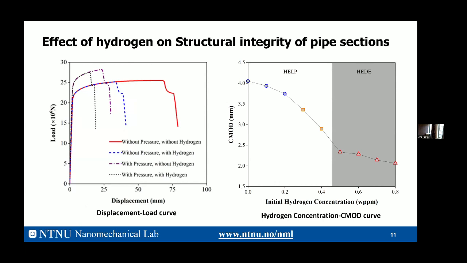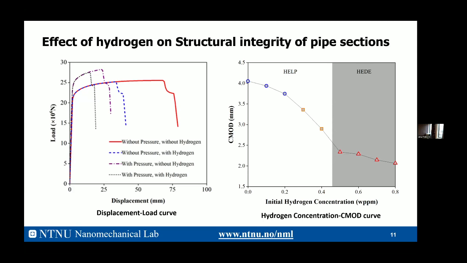And the worst condition is hydrogen gas with both the pressure and the hydrogen, which gives the biggest ductility loss of the specimen. So I think it can predict the worst situation in industry.